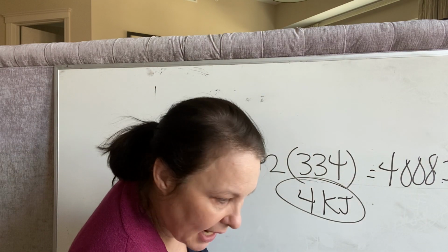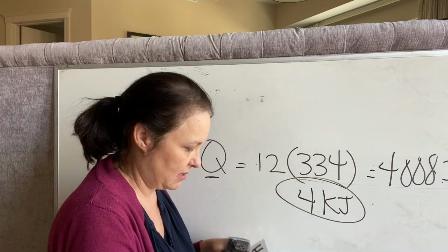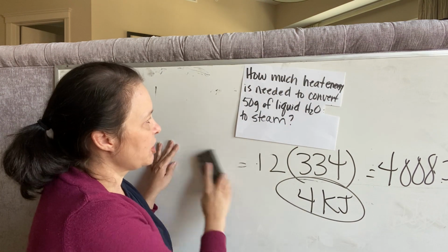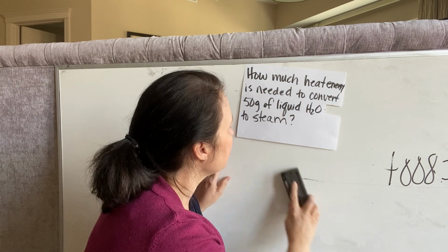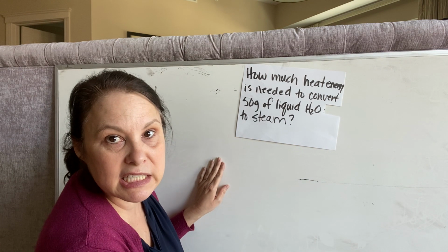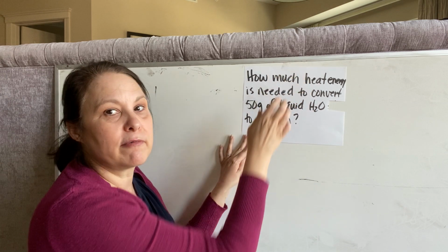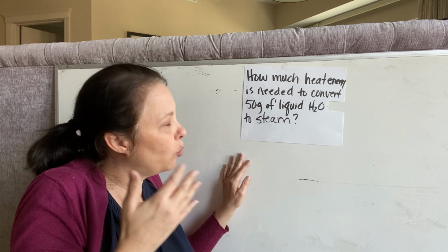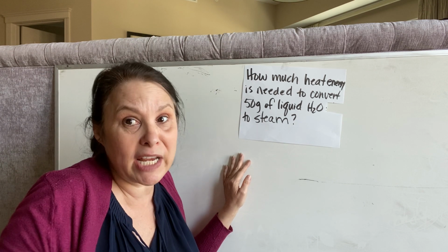What if I were to ask you something like this? How much heat is needed to convert 50 grams of liquid water into steam? Now, notice I didn't use the buzzword vaporize, but we should know that converting liquid into steam is vaporization.